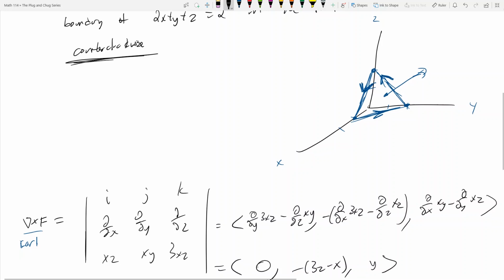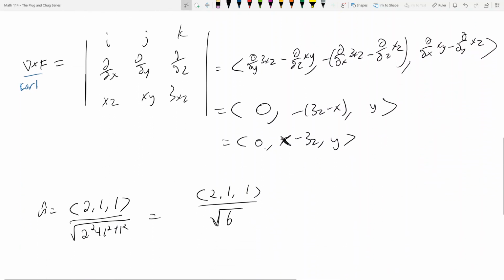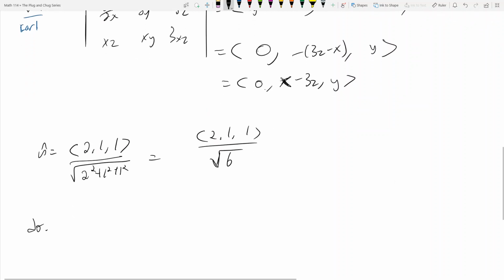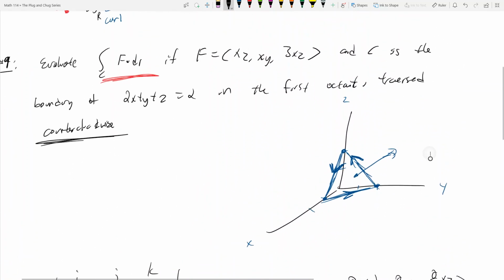Now I need to find d sigma. How do we find d sigma? There are actually two things we need to do here. When you have Stokes and a region like this, we want to project the region into one of the planes. Since we're all familiar with the xy plane, I only want to look at the area of the shadow of this region in the xy plane.